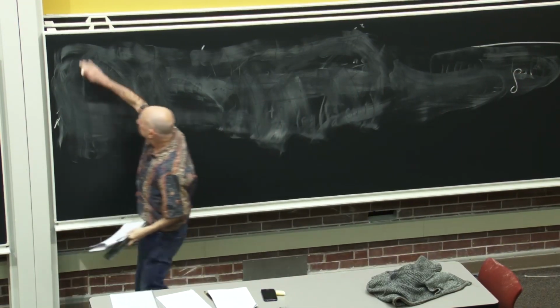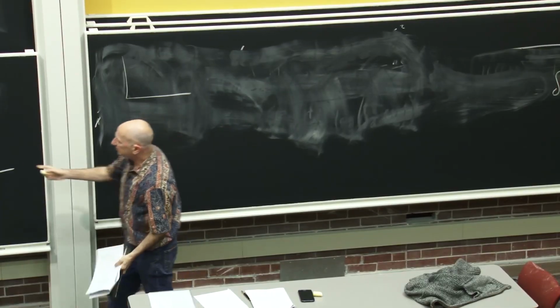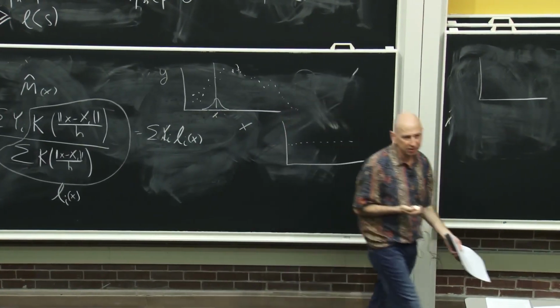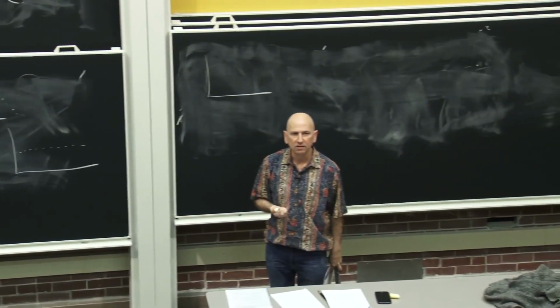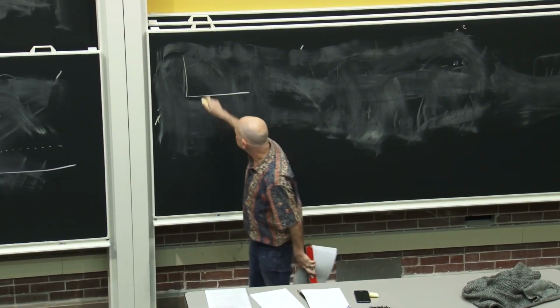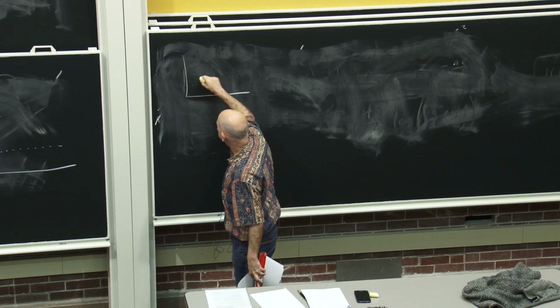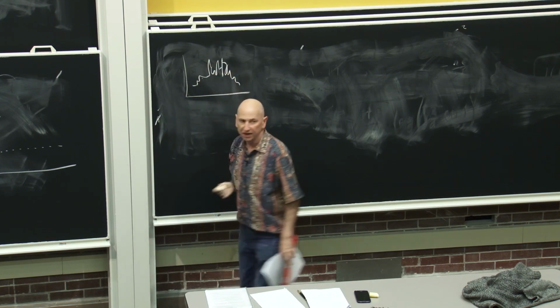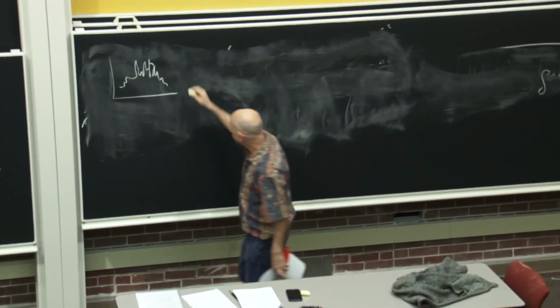What happens when h goes to 0? What kind of estimator do I get out? You're just going to interpolate the points. It's not even well defined in between the points, but basically it's going to just interpolate the data. You're overfitting. This is h small.